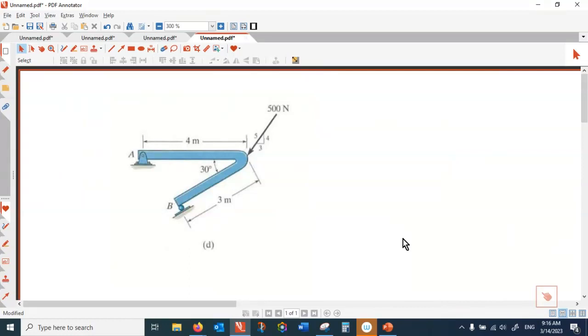I want to study it, so I have to make a free body diagram, to release it from the board. And how many supports are here? One hinge, one roller.